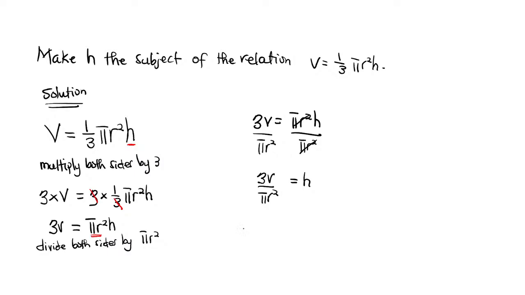Therefore, if you make H the subject of the relation, H will be equal to 3V divided by pi r square, and this becomes the solution to our first problem in this particular case. So we have 3V over pi r square. All right, so this is the first example.